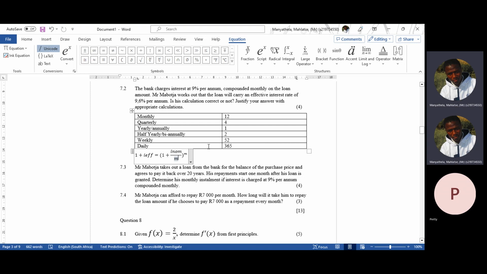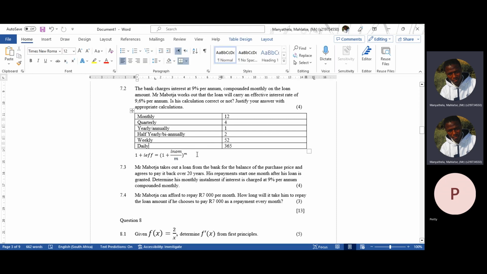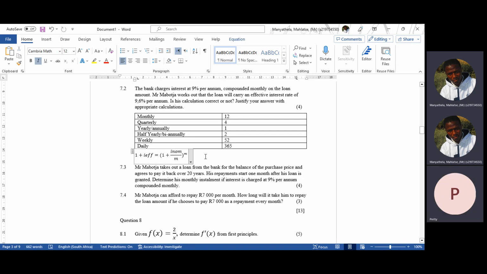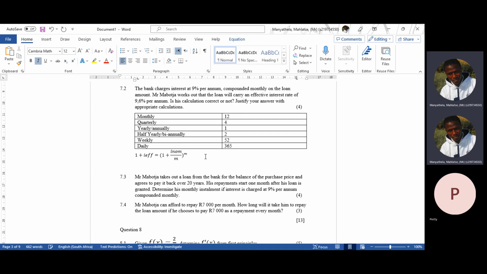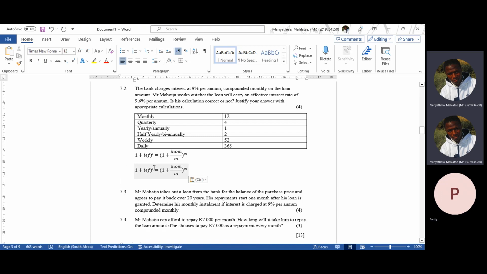If it's monthly, it will be 12. If it's quarterly, it's 4. If it's yearly, it's 1. If it's half yearly, it's 2. If it's weekly, it's 52. And if it's daily, it's 365. So okay, let's replace by what we have. 1 plus i_eff equal to 1 plus the nominal interest rate that we're given, which is 9%.